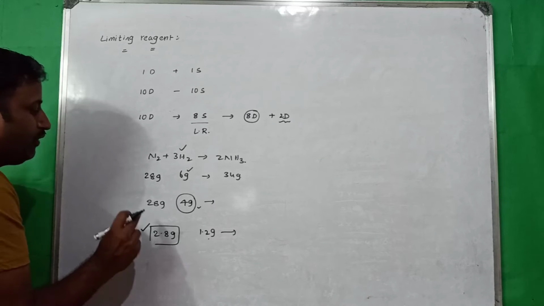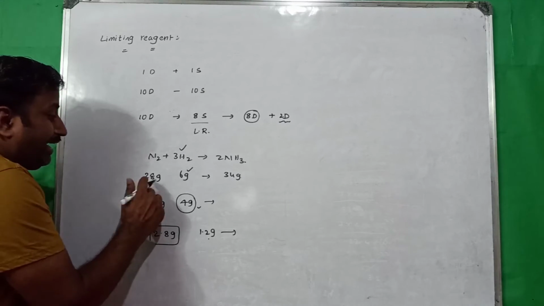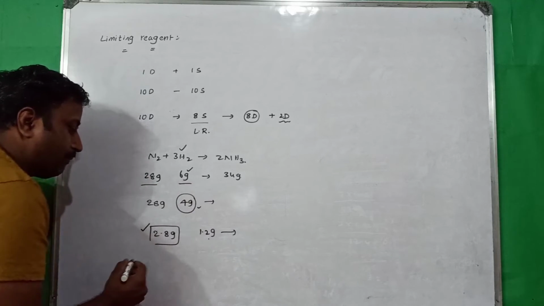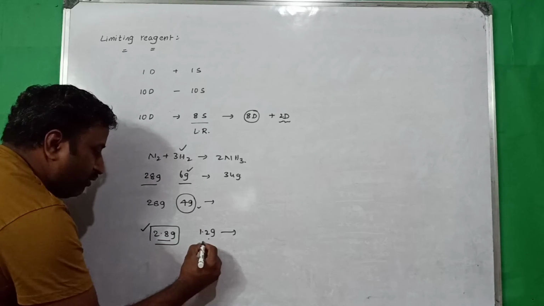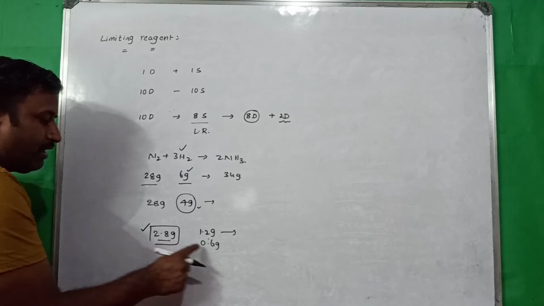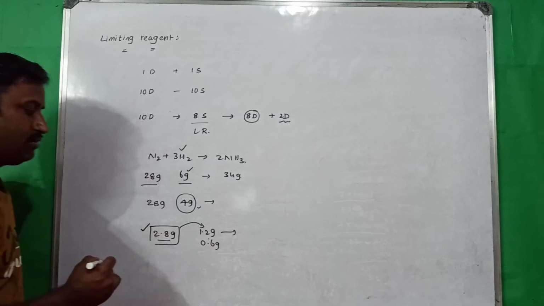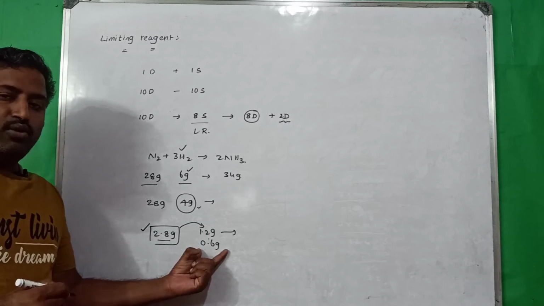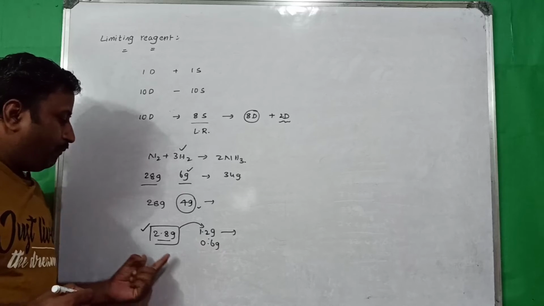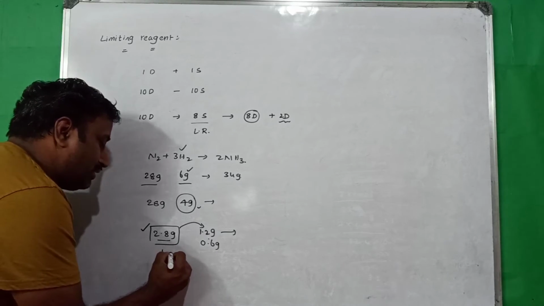No, we have to compare. 28 grams requires 6 grams, then 2.8 grams requires only 0.6 grams. But we have 1.2 grams. Then which is more in quantity? Hydrogen is more in quantity. Nitrogen is less in quantity. So nitrogen is the limiting reagent in this case.